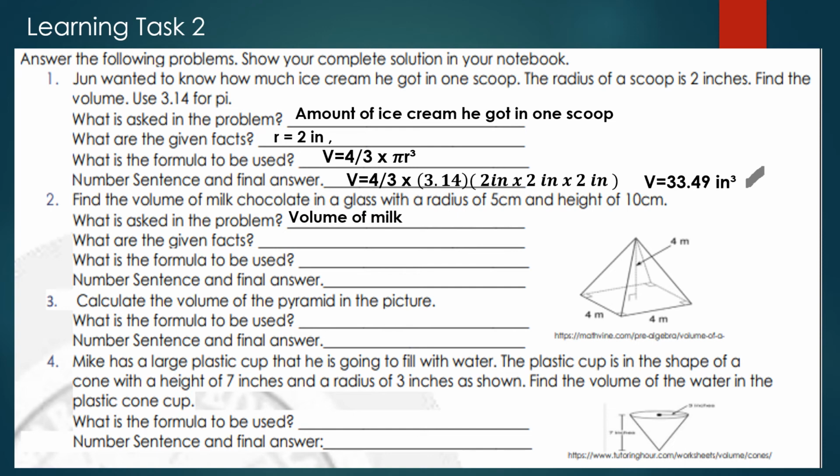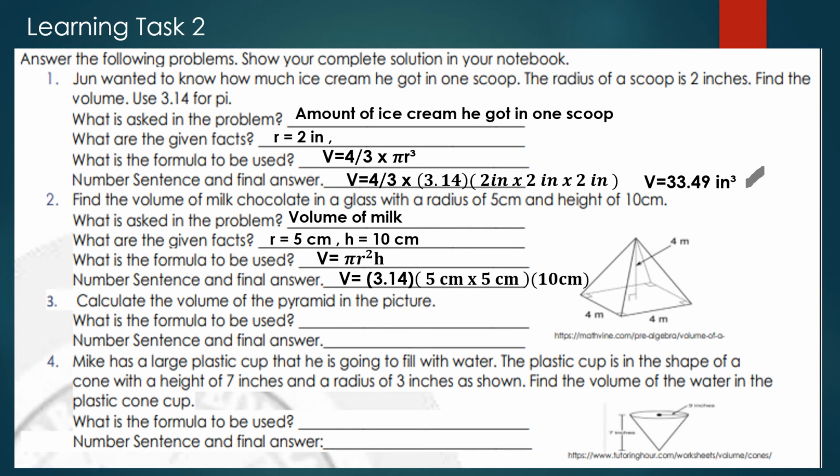Now, what are the given facts? Yung radius, 5 cm and the height of 10 cm. What is the formula to be used? The formula in finding the volume of cylinder. So, ang volume niya ay pi r square times the height. Ang pi natin is 3.14.